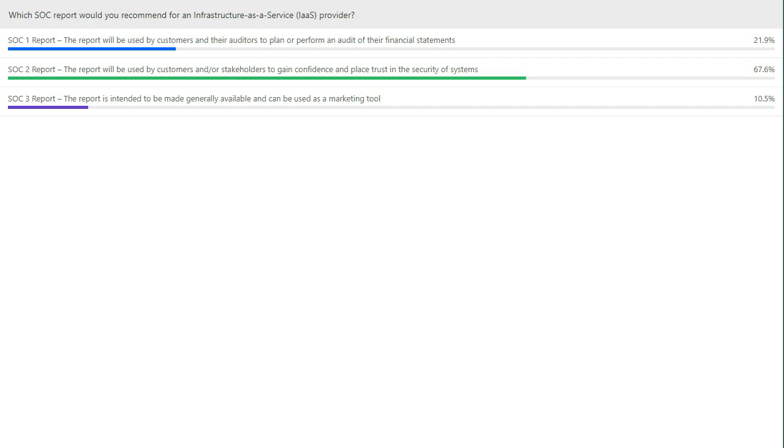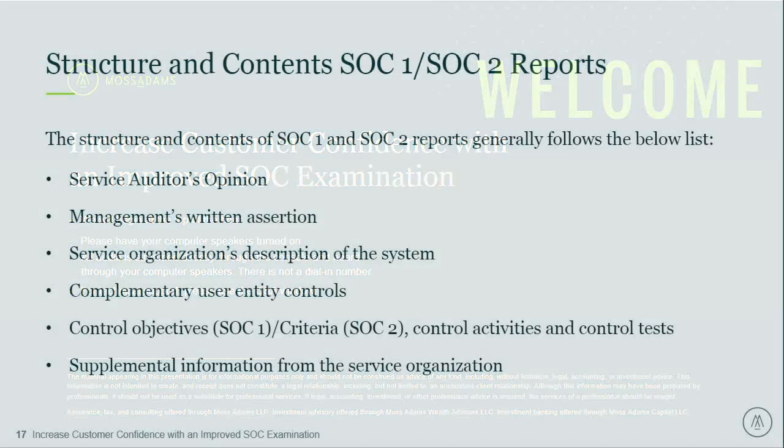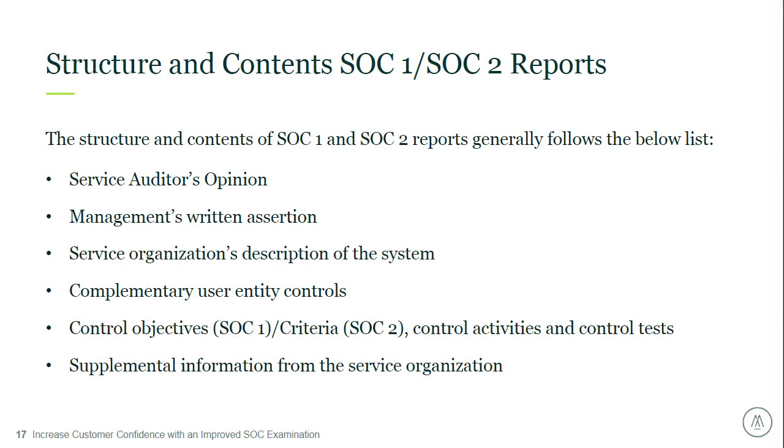Thanks, Raveen. Next, we're going to talk about the structure and contents of SOC 1 and SOC 2 reports. And there's basically four sections of either one of these reports. The first section is called the Service Auditor's Opinion. And this is basically a form, or a kind of a letter that is written by the service auditor, and it states whether or not the service auditor found exceptions or didn't.